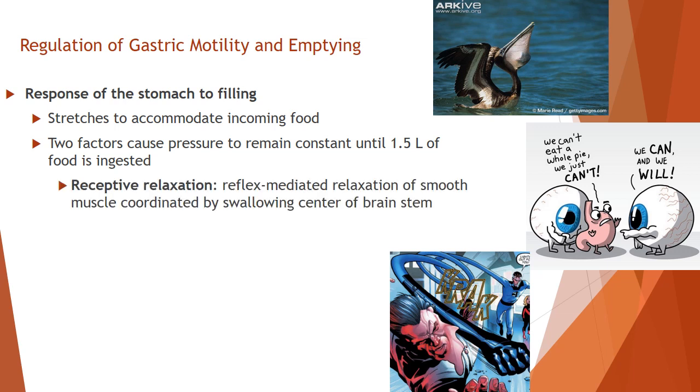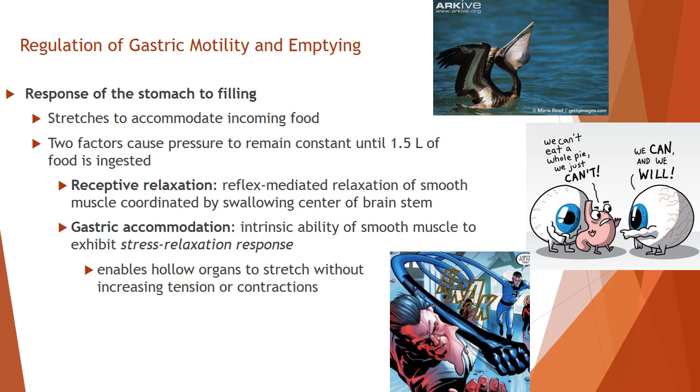One of these is receptive relaxation, which is a reflex involving the relaxation of smooth muscle triggered by swallowing, via the brain. So it's like, okay, we're eating food, just calm down, chill, allow it to expand and take in the space. Then there's also gastric accommodation, which is the intrinsic ability of smooth muscle to exhibit a stress relaxation response.